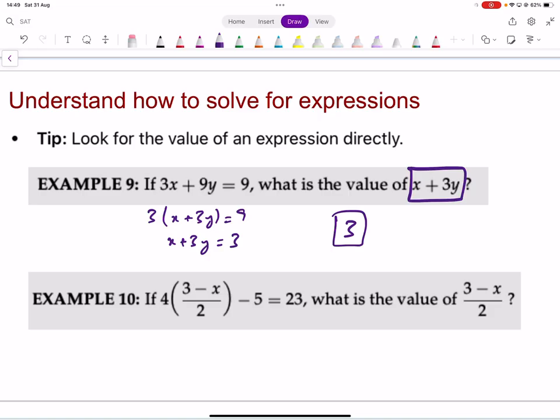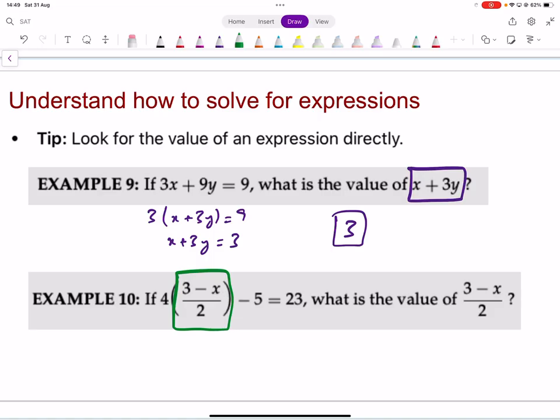Does that make sense? So sometimes they don't ask you for values of a particular variable, but some other expression, right? You had to evaluate the whole x plus 3y. What about the second one? That's fairly straightforward. They're asking you for the value of 3 minus x over 2. So basically, this whole thing should be on one side, everything else on the other side.